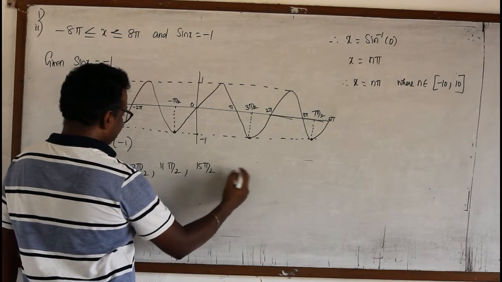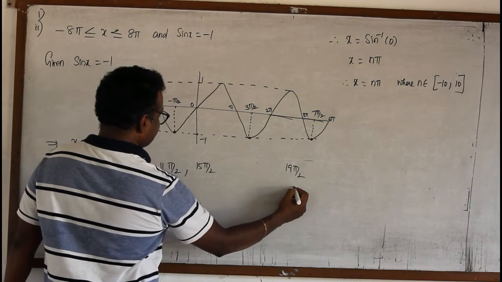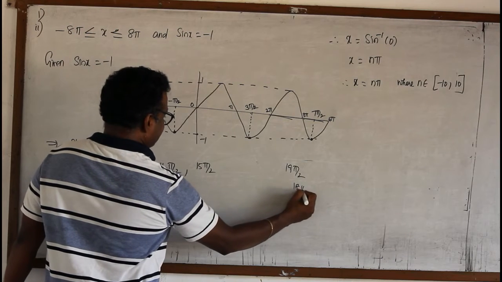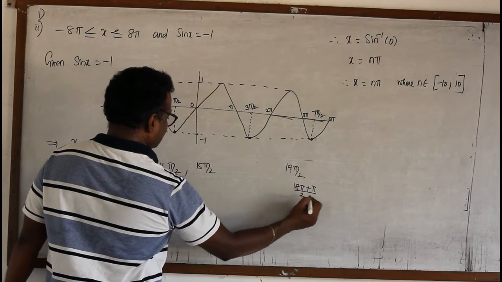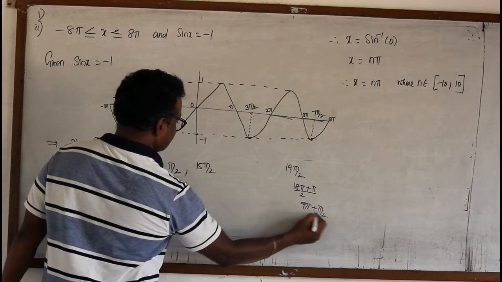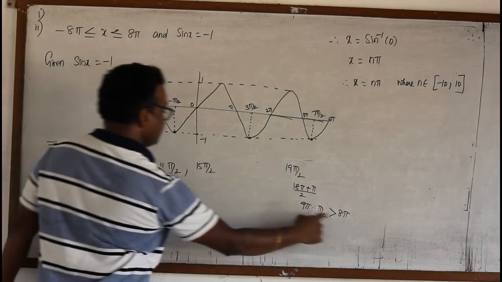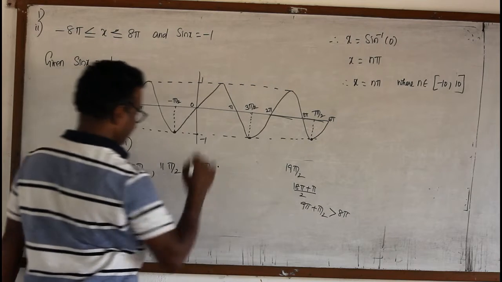Then the next one will be 19 pi by 2. That is 18 pi plus pi by 2, which itself becomes 9 pi plus pi by 2, which is greater than 8 pi. See, it goes beyond 8 pi, so I must stop here.